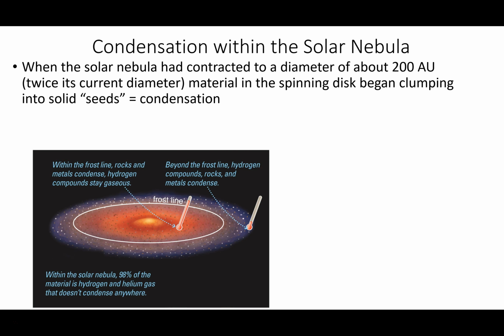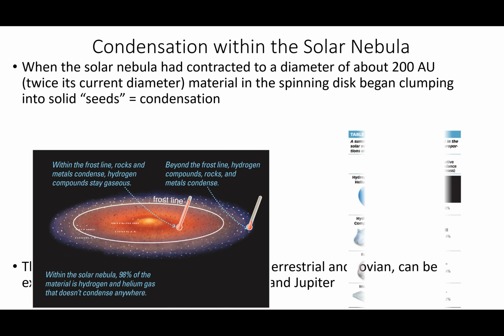It's hotter closer to the sun. The cooler you get, the more things are likely to go from a gas to a liquid or even a solid, like ice cubes. The warmer you are, it's going to be a liquid or even a gas. So this is what we call the frost line.